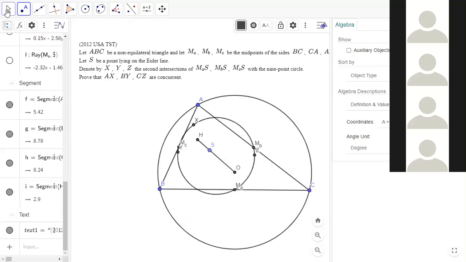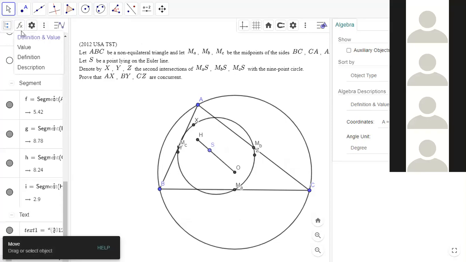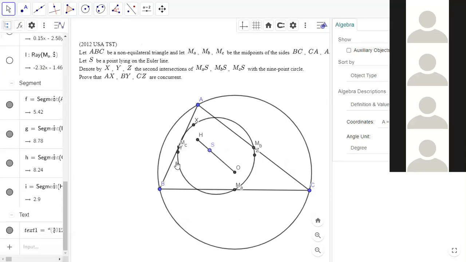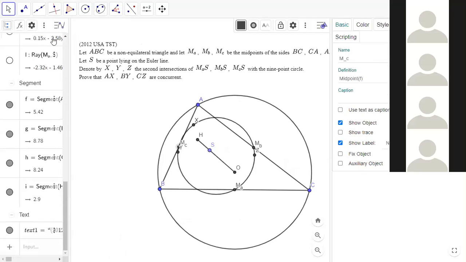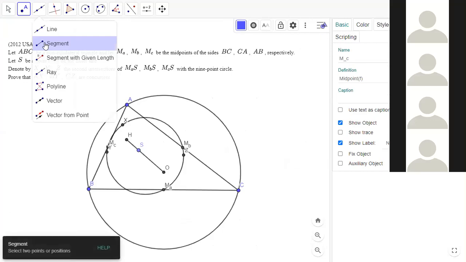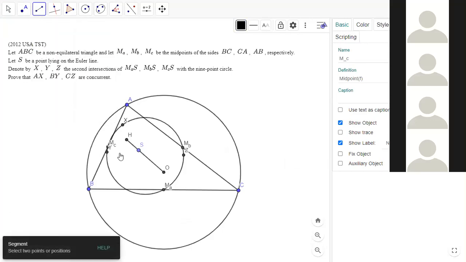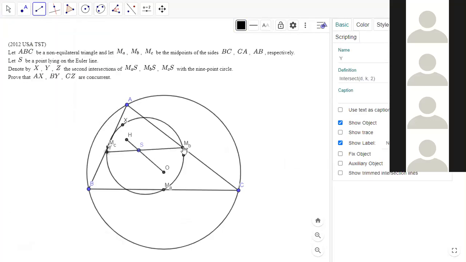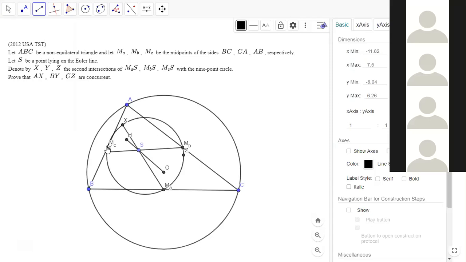And let's see. Okay, so whoops. Let me close this. S lying on the Euler line, Pascal can come in handy.